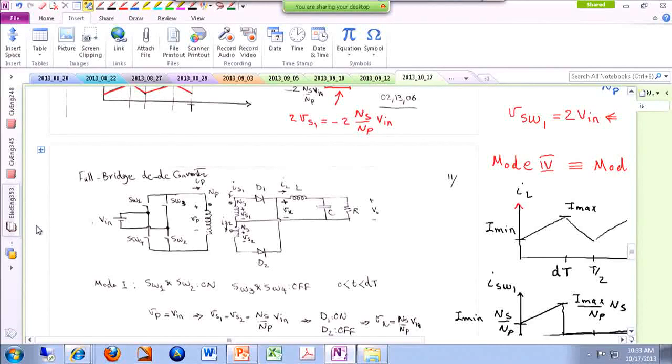You have a center tap full wave rectifier cascaded with a low-pass LC filter, then ultimately a load. On the primary side, you only have one winding and 4 switches this time. And as it turns out, this does the exact same thing as the push-pull converter did, with 2 switches and a center tap winding on the primary side.